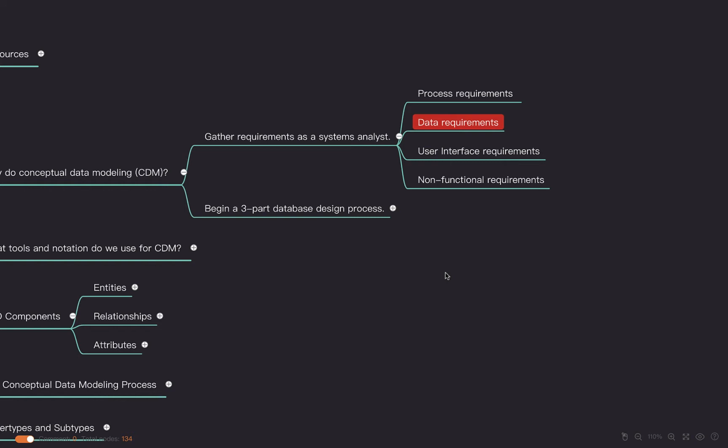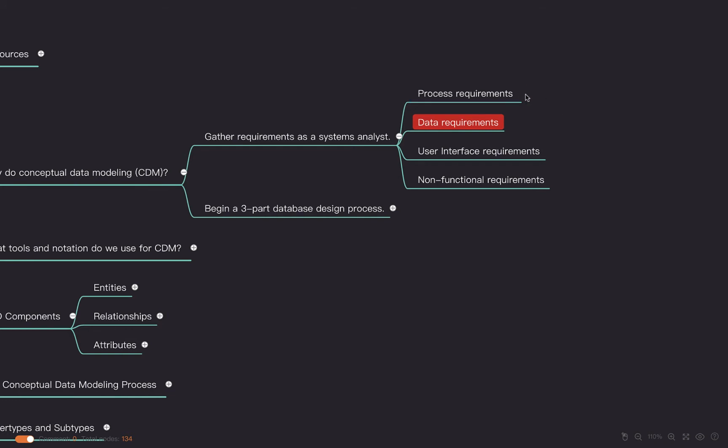And what do we learn how to do in my systems analysis course? Well, we learn how to identify and document the requirements for the system from four perspectives.